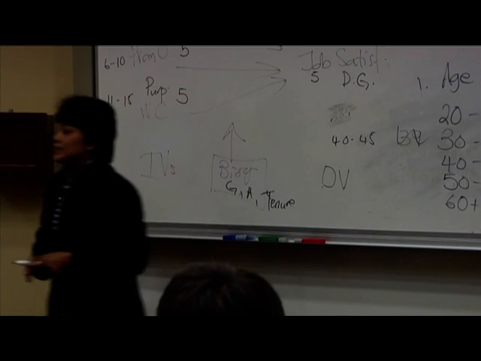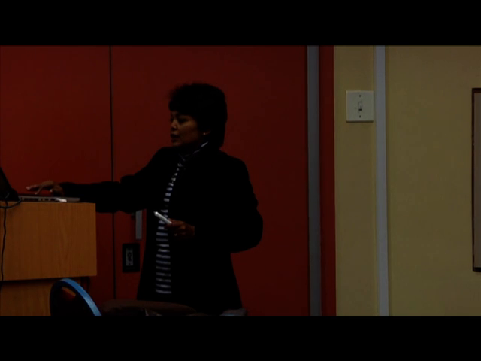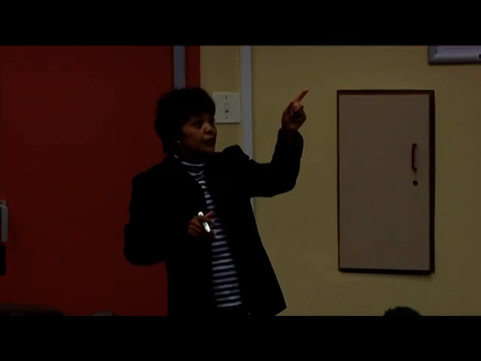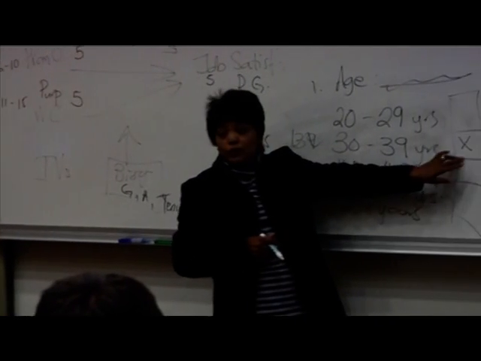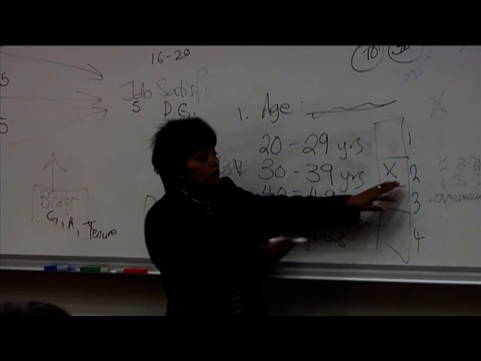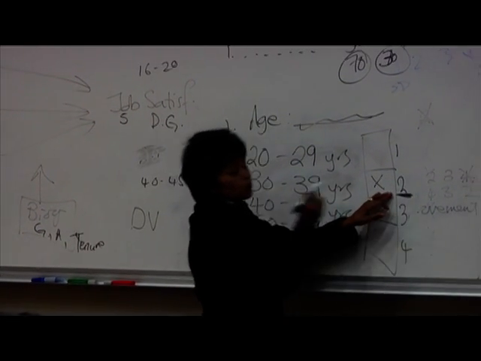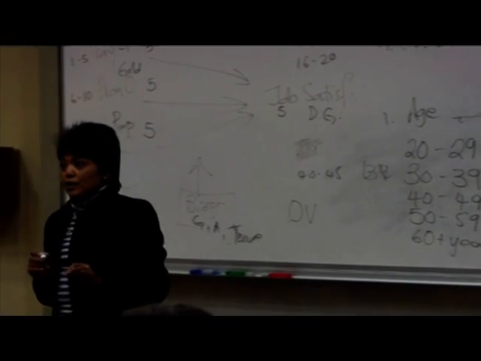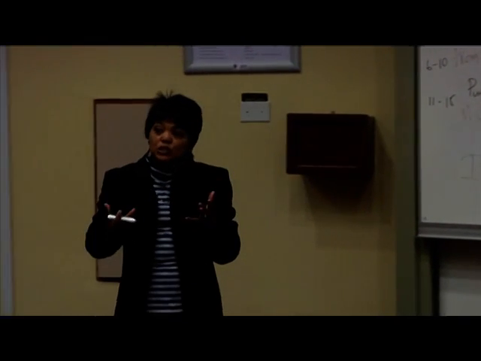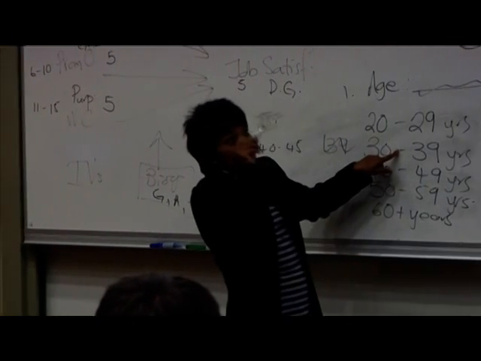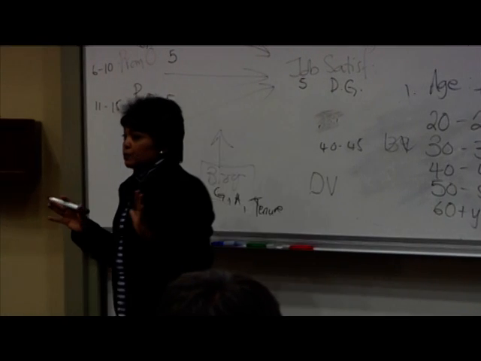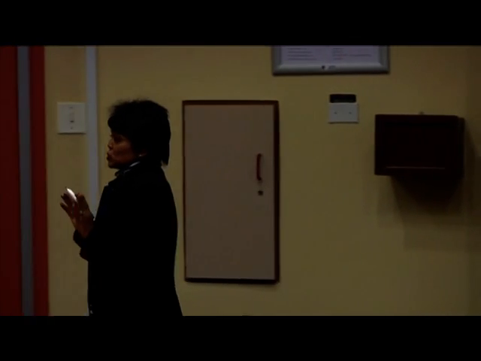Because when you capture that data in your spreadsheet under age, under the third column, you're not going to write 30 to 39 years for the first person. You are going to capture 2. That's the pre-coding. It makes your capturing process much easier. You don't have to go and say 1, 2, then put in the 2. It's already pre-coded for you.